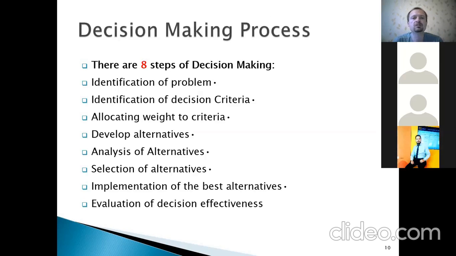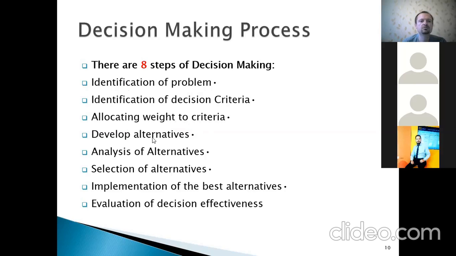And now we will speak about the 8 steps of decision making, if speaking about rational decision. These steps are the following. You can see it on our screen. First of all, you have to identify the problem. Then you have to select the criteria for decision making. Usually you will have not one criterion but several, so you have to weight every criterion.